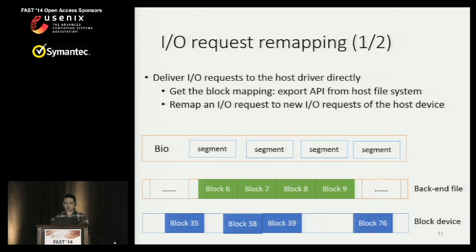We can see that after remapping, the contiguous logical blocks are not necessarily contiguous on the host, as the host file system does not always allocate contiguous blocks for a file. Hence, each orange I/O request may be remapped to several I/O requests of the host file system.